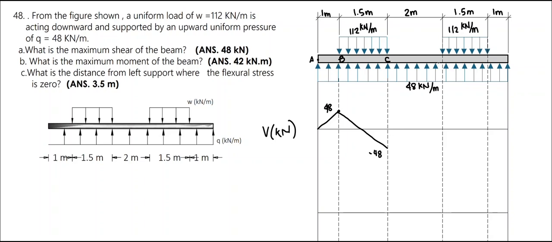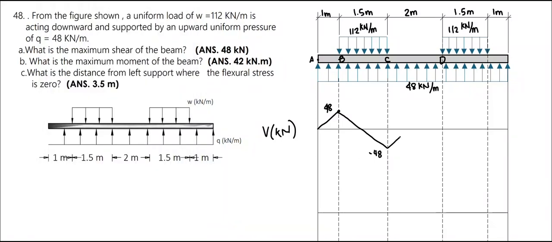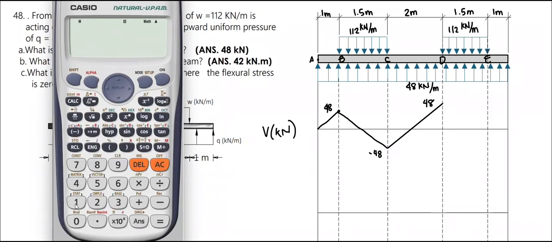And from C to D, it increases with a uniform load going upwards of 48 kN per meter on a span of 2 meters. This becomes 48 kN from C to D. And from D to E, we have a load going downwards that is 112 and an upward load of 48. So the net load acting there is negative 112 plus 48, that is negative 64 going downwards.